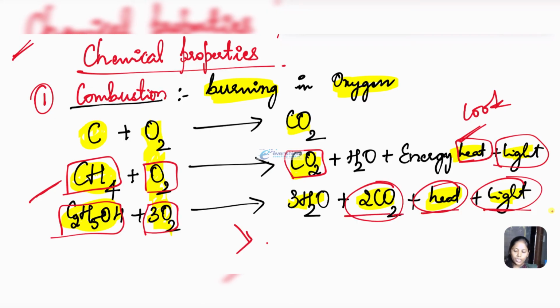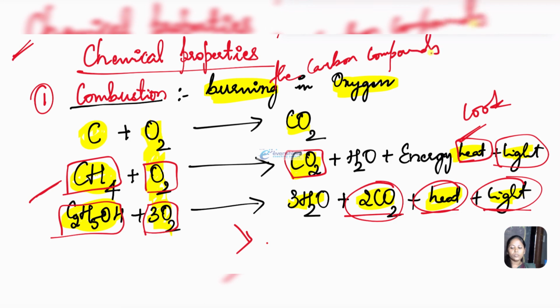So this is combustion. Combustion means burning carbon compounds in oxygen. So this is the first chemical property of carbon.